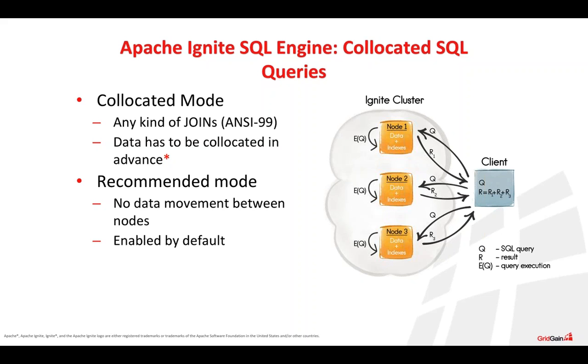After that, when the client receives all the result sets from all the cluster nodes, it will return it back to your application layer, and you will be able to iterate over the final result. Here it is worth mentioning that the client side doesn't preload the whole result set immediately from the cluster nodes.